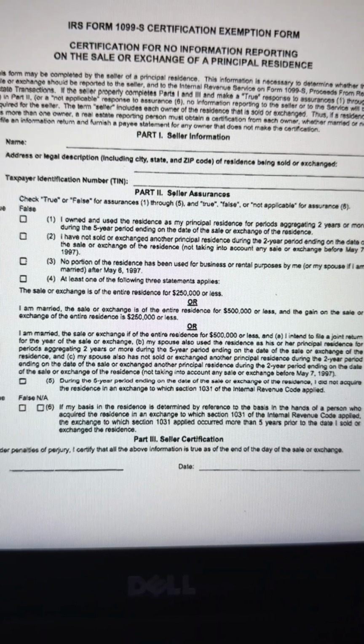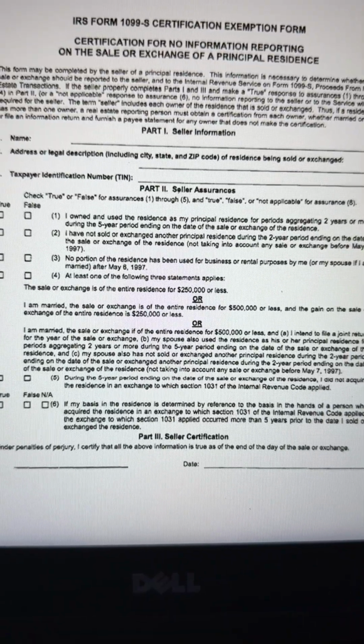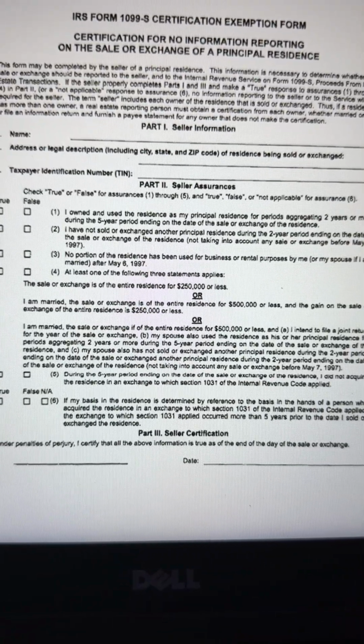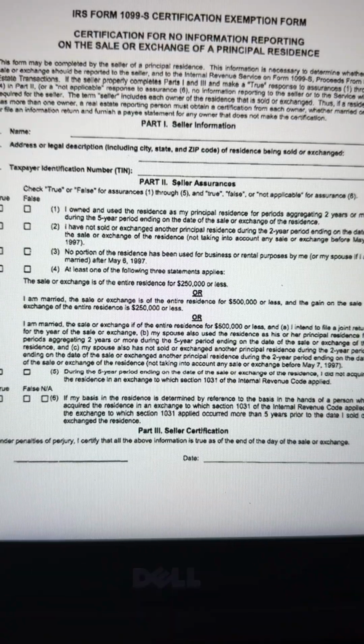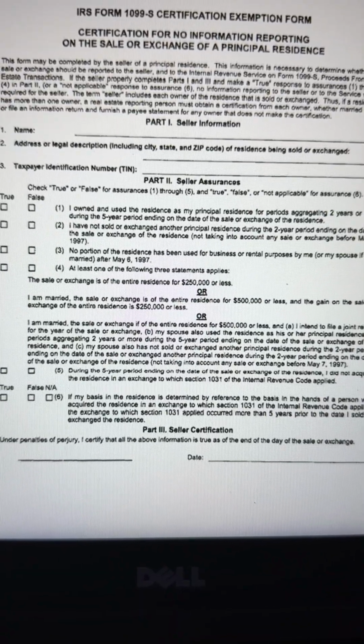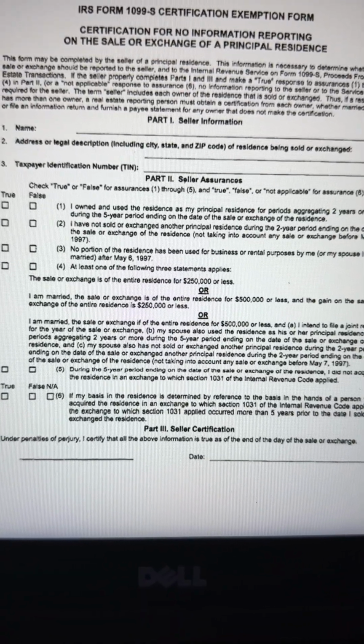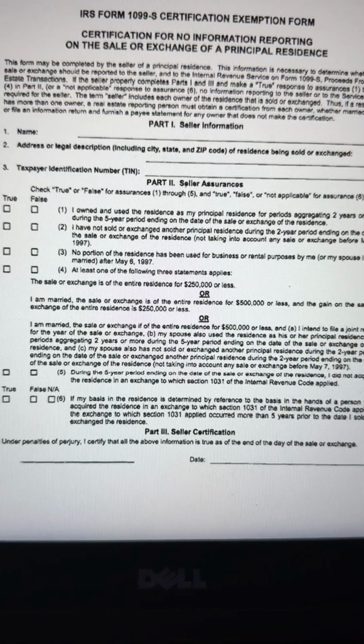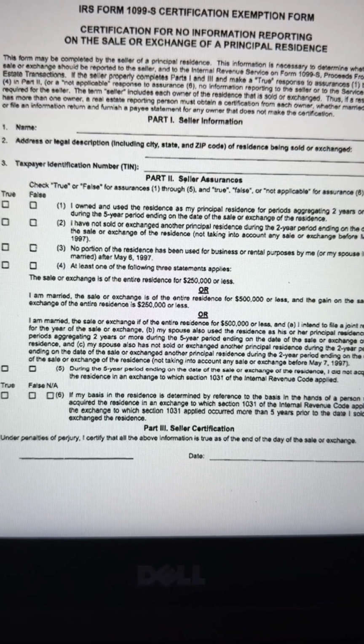If they bought it with cash, or they bought it with a loan, they didn't do 1031 paperwork, then that statement's going to be true. They didn't acquire it on 1031. So it makes the last one, if they did not do 1031 paperwork, it just makes it NA.